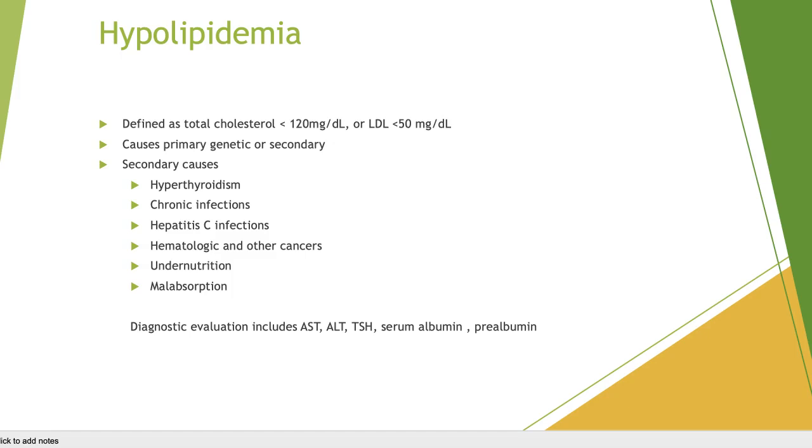If the patient has a diagnosis of poor nutrition, they could have issues with malabsorption. You'll want to, for these patients, also include an AST, ALT, TSH, serum albumin, and prealbumin to rule out some of the secondary causes.